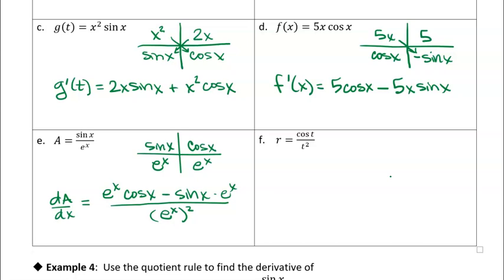Now let's do the last one here. I'll go ahead and draw the box for you. We have cosine of t and t squared. And the derivative of cosine is a negative sine of t, and this is 2t. Okay, so we can use the box, or use low d high minus high d low. Either way. All right, so we're going to have dr dt is our derivative, and so we have low d high.